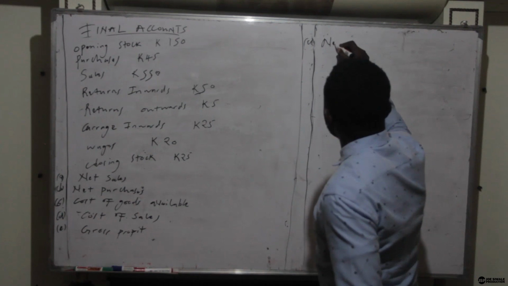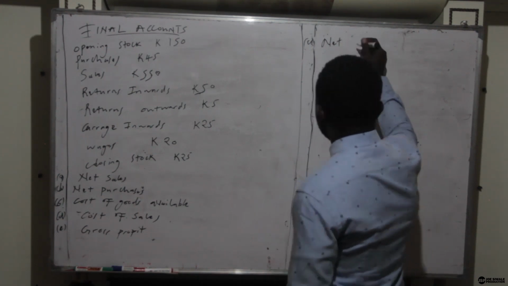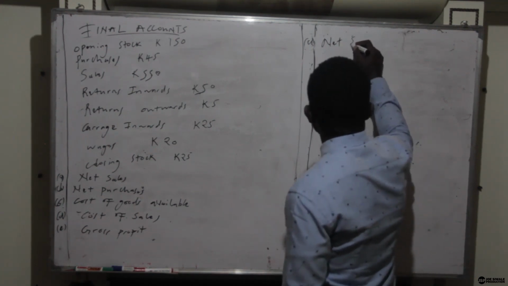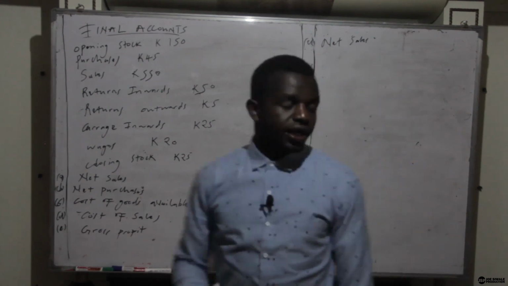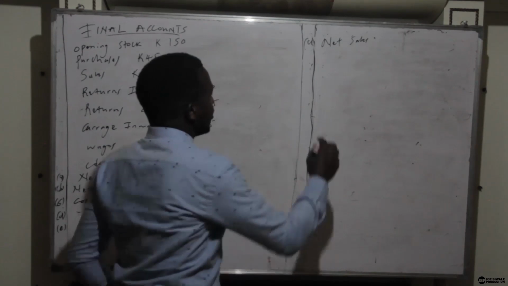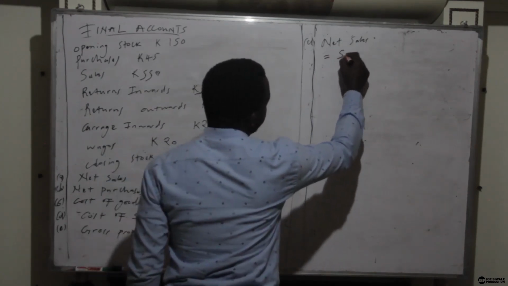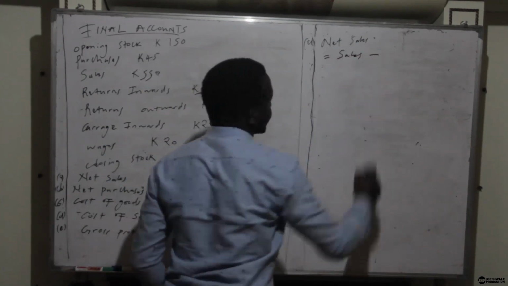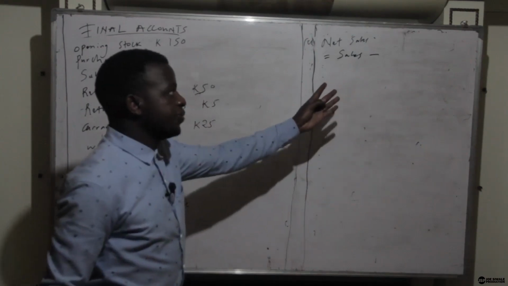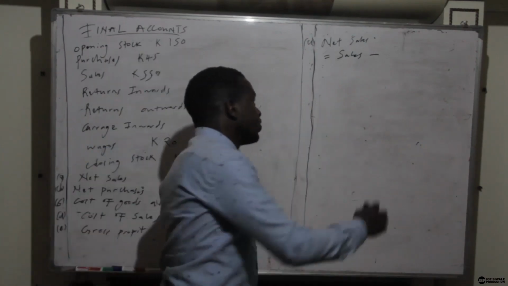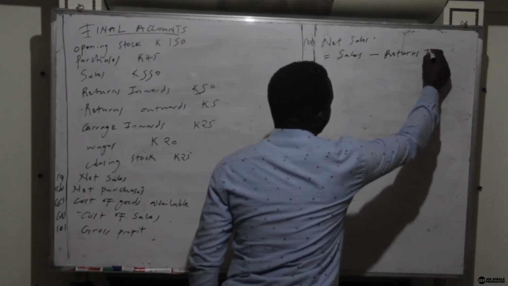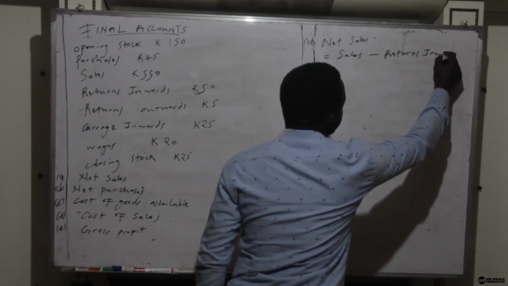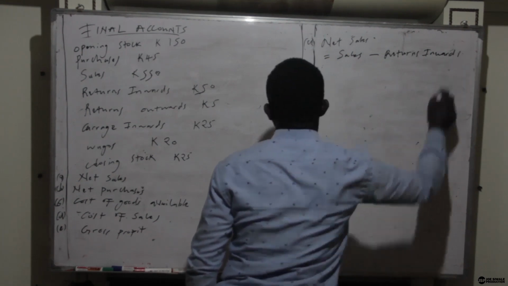So for A, we are supposed to calculate the net sales. And for us to calculate the net sales, we know that we use the formula sales minus sales returns. And we know that sales returns can also be referred to as returns inwards.